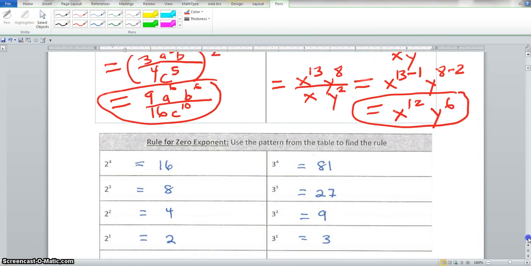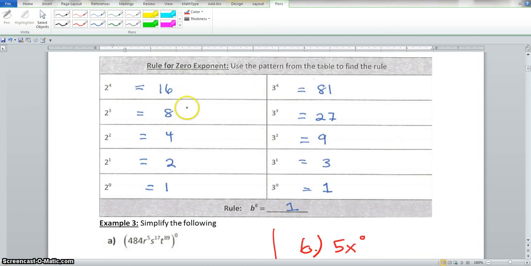Now we scroll down here for the rule for zero exponents. Use the pattern from the table to find the rule. We have 2 to the 4th is 16, 2 to the 3rd is 8, 2 to the 2nd is 4, 2 to the 1st is 2, and 2 to the 0 is 1. And the same thing we did here with the 3's, all leading to 1.